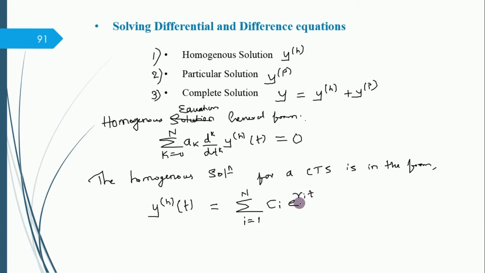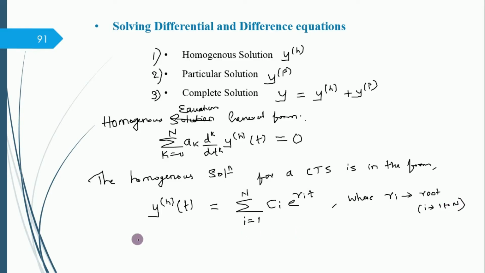This is the general form. You need to remember this general form. Until I solve some numerical examples, you will feel that this is a bit complex, but it is quite easy. Next, where r_i is a root. You have n roots, i ranging from 1 to n. You have n roots possible.